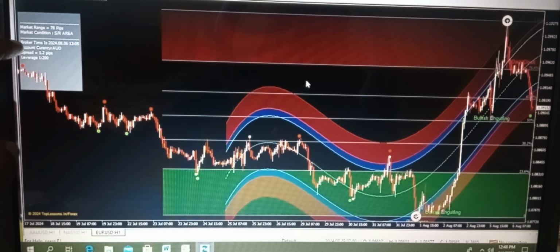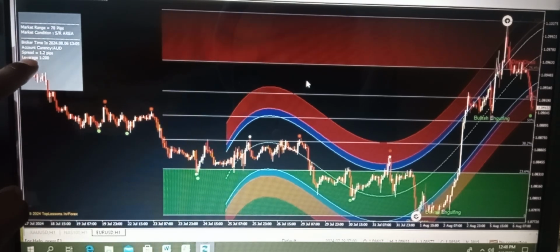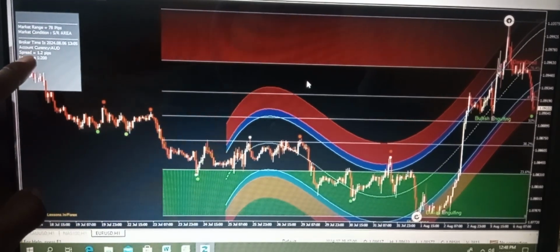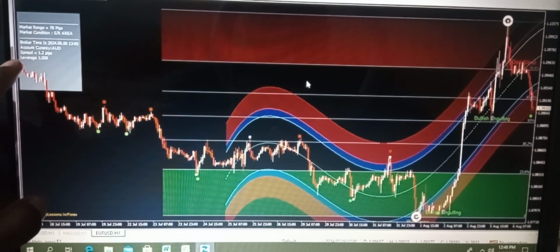Okay. And then it shows the broker time, and then the account currency, and then the spread. There are traders who don't know how to calculate the spread, right? So automatically the system will calculate the spread for you. You don't even have to calculate it on your own.